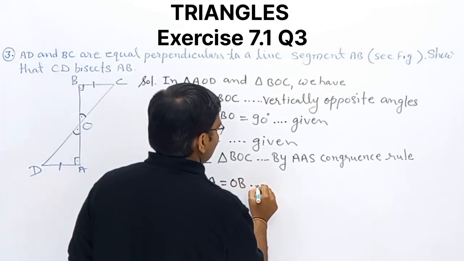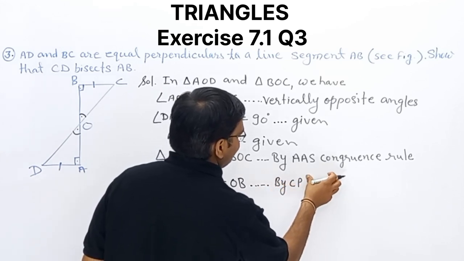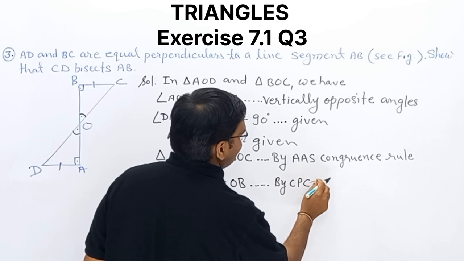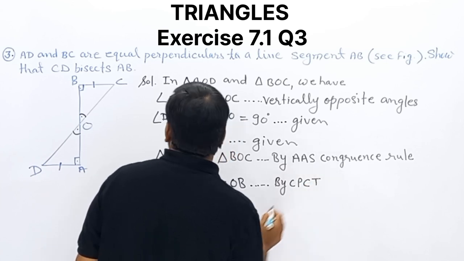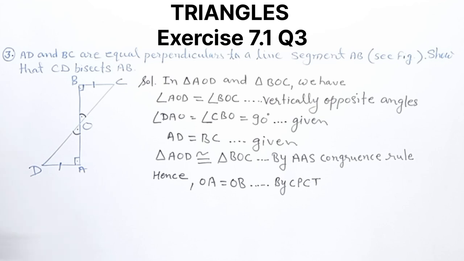Why? By CPCT. Observe again. These two triangles are congruent, so corresponding parts will be equal. So for this triangle, this side will be equal to this one by CPCT.